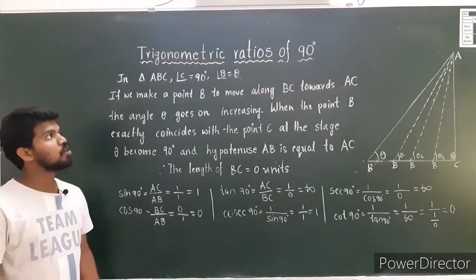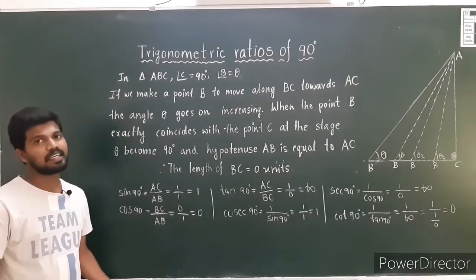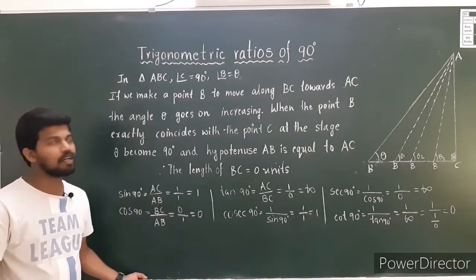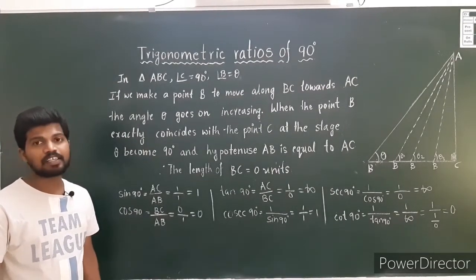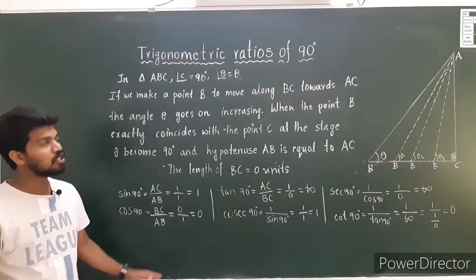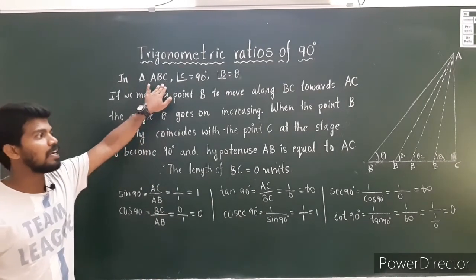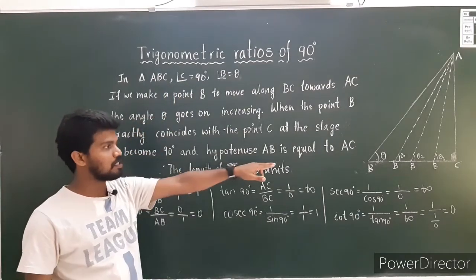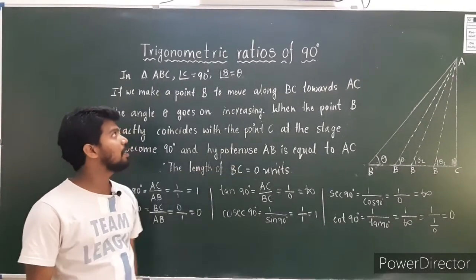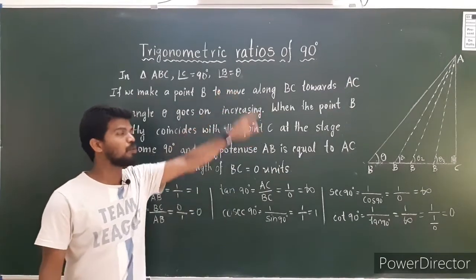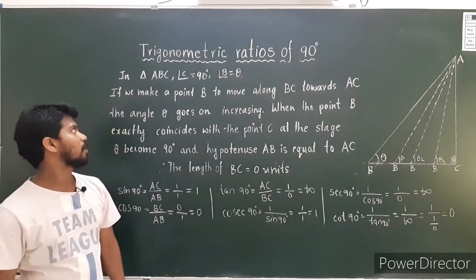So now trigonometric ratios of 90 degree. It is very similar to the trigonometric ratios of 0 degree, what you saw last. So first you consider a triangle ABC. Angle C is 90 degree and angle B you consider as theta.